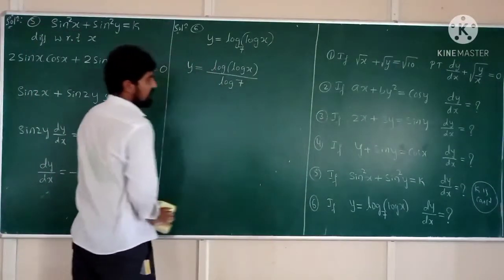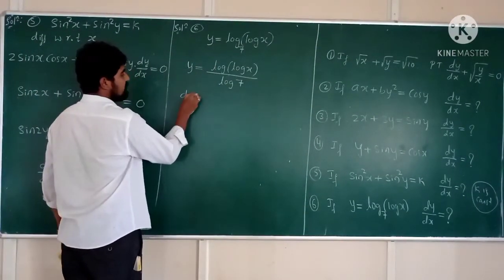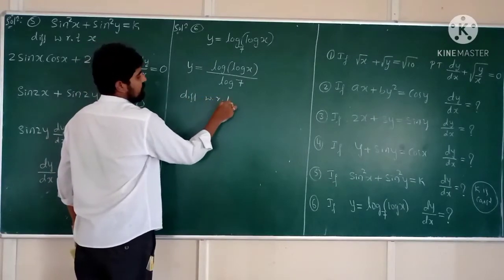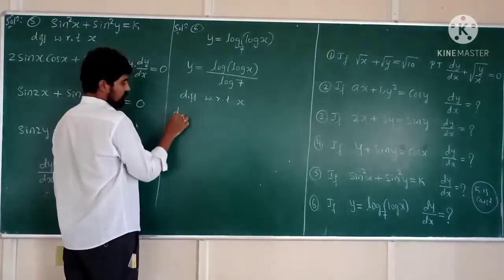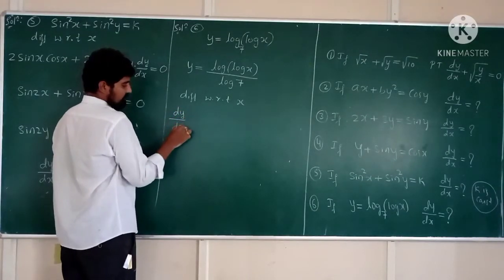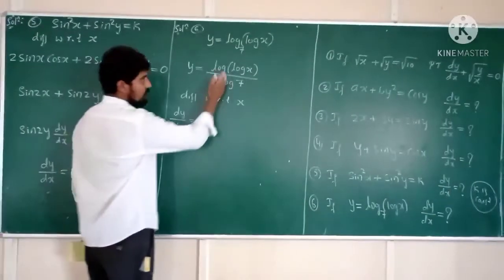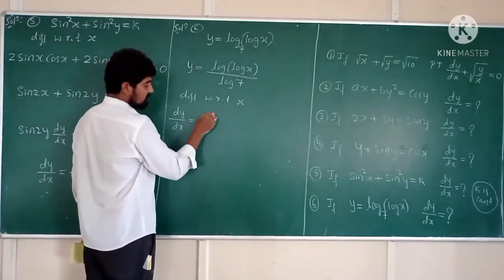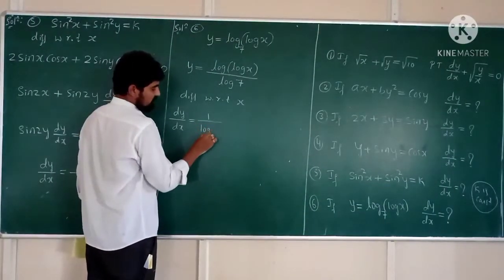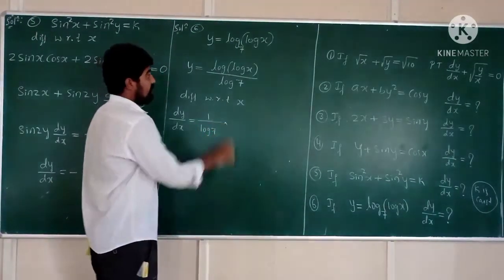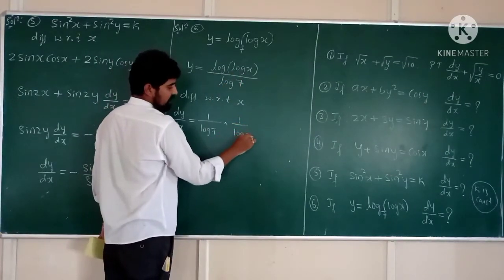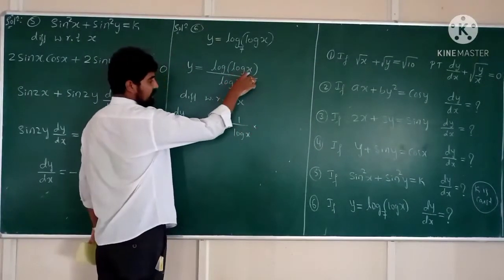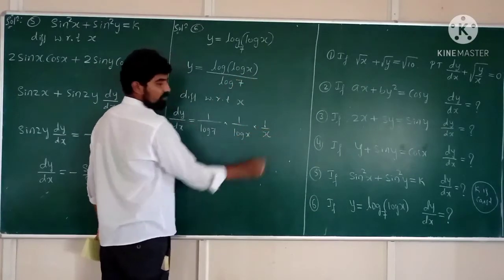So to find dy by dx, differentiate this with respect to x. Derivative of y with respect to x is dy by dx is equals to 1 by log 7 is constant, as it is 1 by log 7, and then derivative of log x is 1 divided by log x, and then derivative of log x is 1 by x.